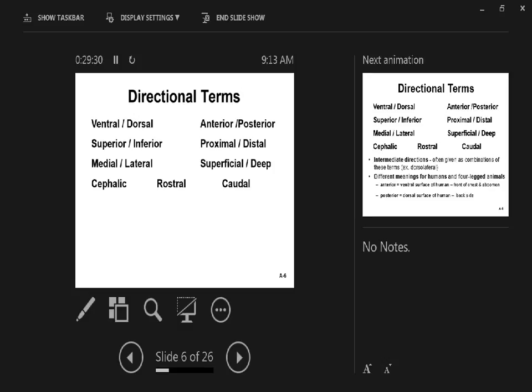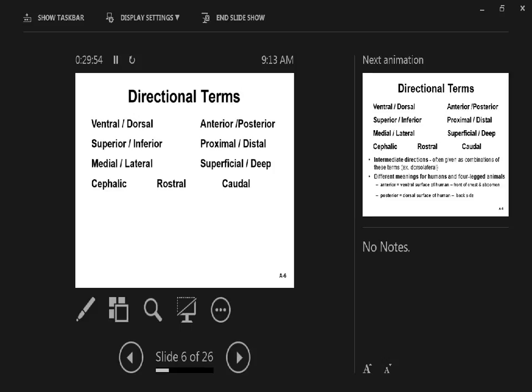There's the brain right here, right? This is inferior, this is superior. I don't know if your book says you can use them interchangeably, but sometimes I do. Caudal means inferior, and rostral means superior.